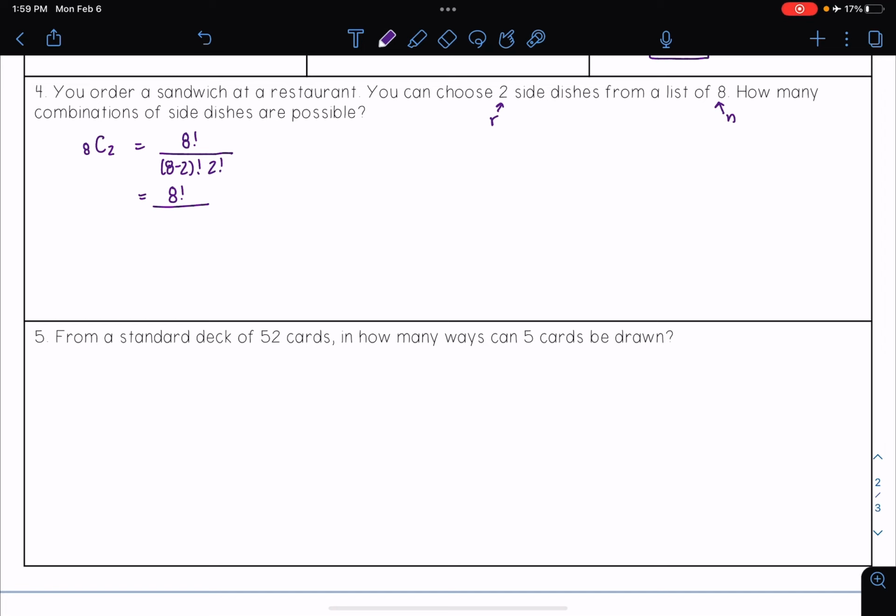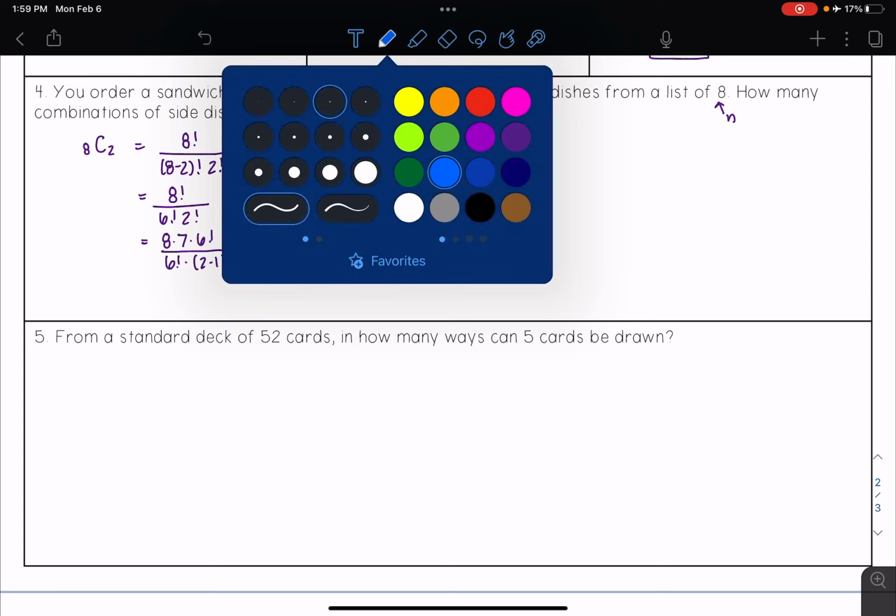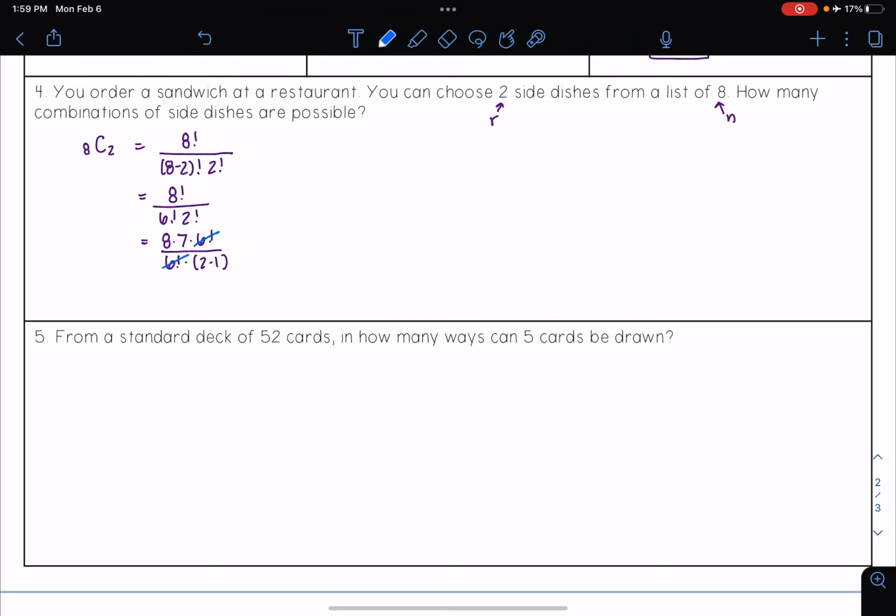So I get 8 factorial over 6 factorial times 2 factorial. Now I'm going to break apart that 8 to get rid of the 6 factorial. So I have 8 times 7 times 6 factorial over 6 factorial times 2 times 1. And so my 6 factorials cancel out, and I get 56 divided by 2, which is equal to 28 possible combinations.